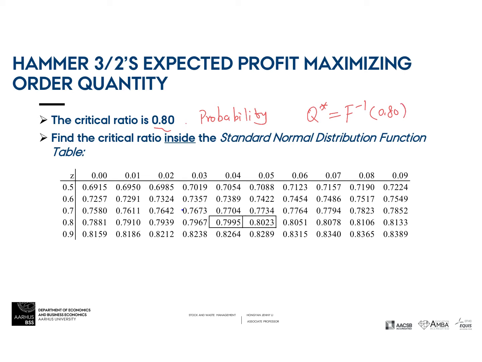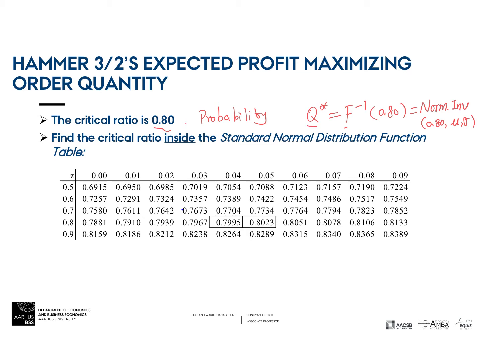This can be directly solved in Excel if you know F is a normal distribution. It equals a normal inverse distribution with a critical value, and you need to know mu and standard deviation. That's how you find the optimal solution for order quantity.